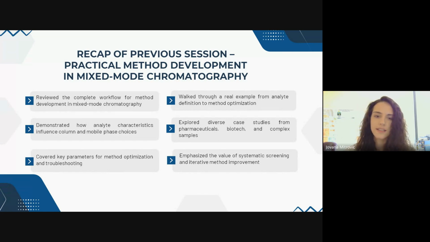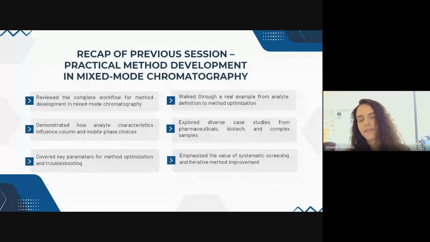We discussed strategies for method optimization and troubleshooting, and we worked through a complete example from analyte definition to optimized conditions, and explored real case studies from pharmaceutical, biotech, and complex sample applications. And finally, we emphasized the power of systematic screening and iterative method refinement.